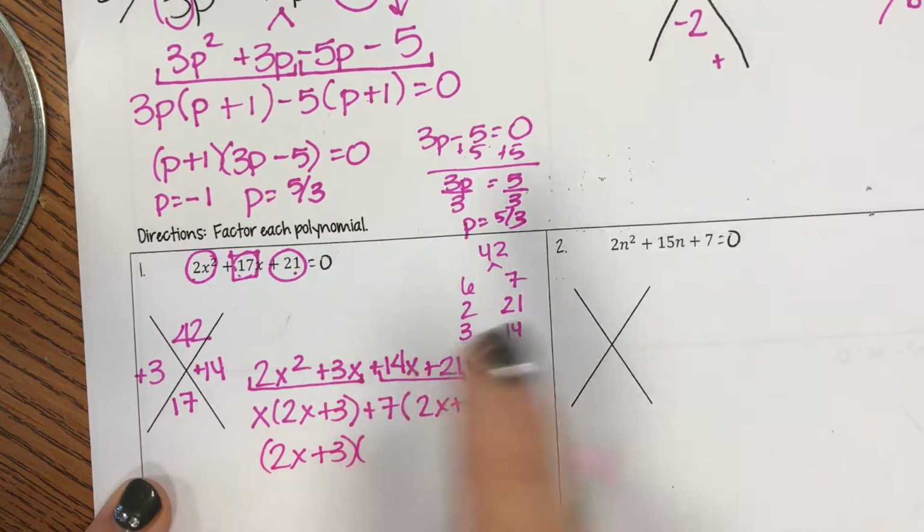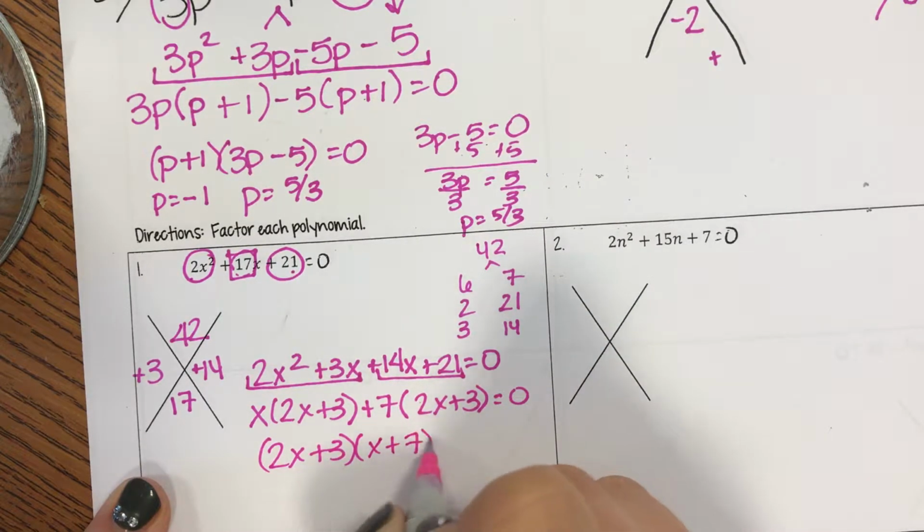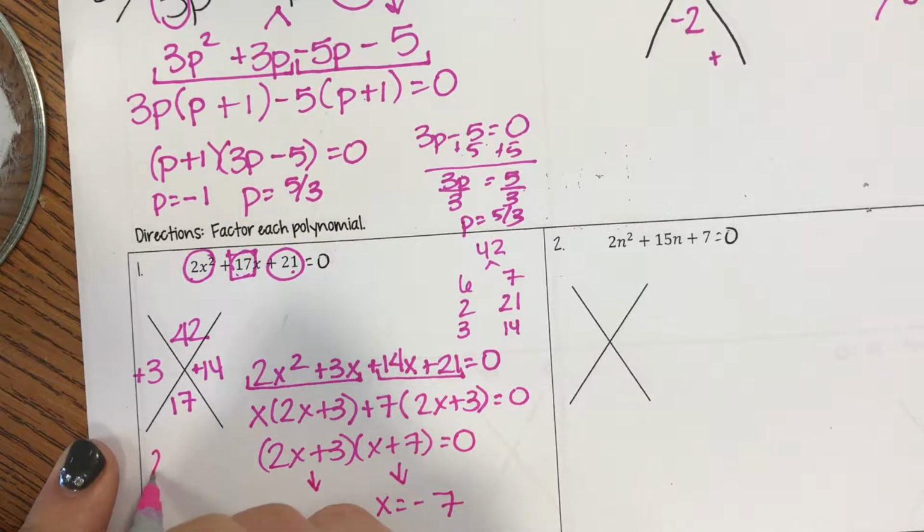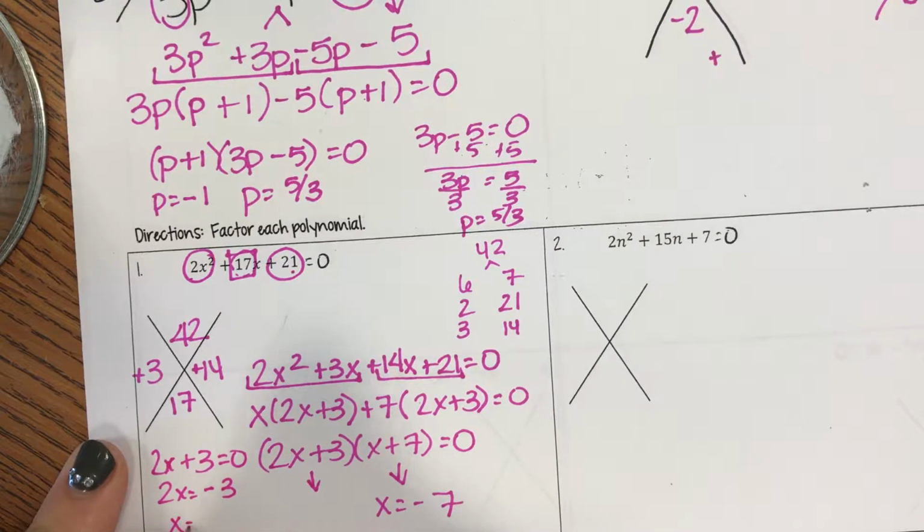The other factor is what's left over. Here, x would equal negative 7. Here, 2x plus 3 equals 0. Take away 3, so 2x would equal negative 3, and x would equal negative 3 over 2.